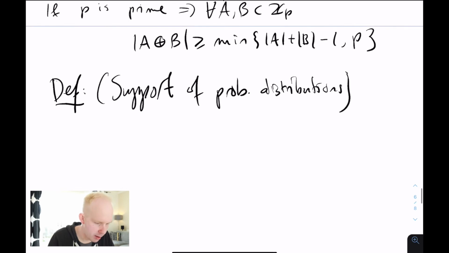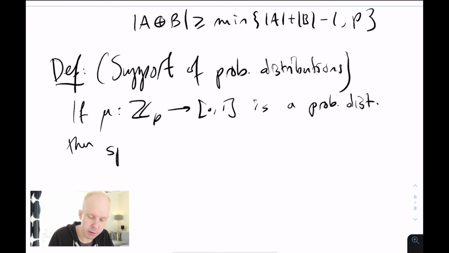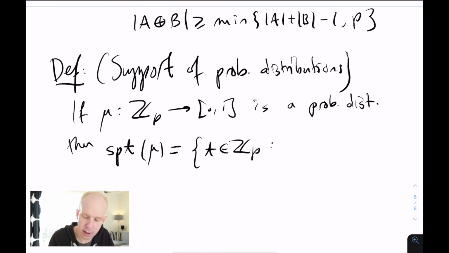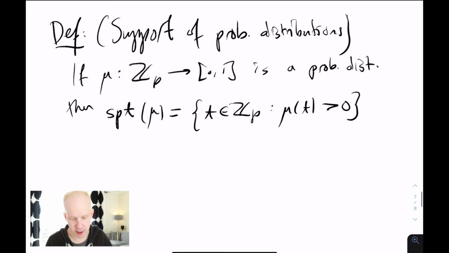If mu from Z_P to [0,1] is a probability distribution, then we define the support, which we call supp mu, as the set of t's in Z_P such that mu(t) is positive. So it actually has some elements inside. That's called the support of the probability distribution.